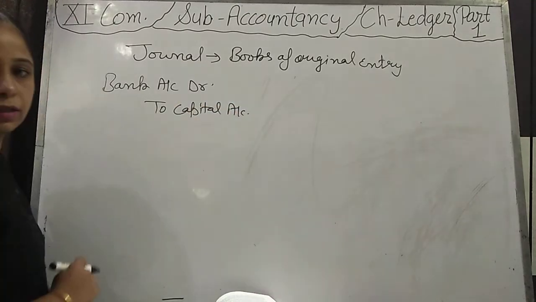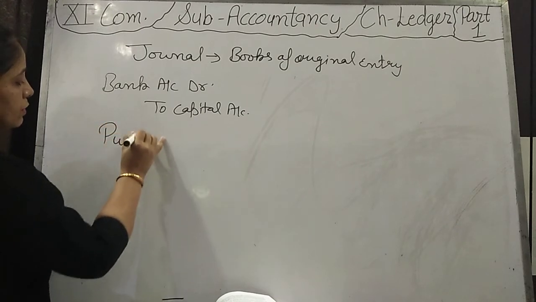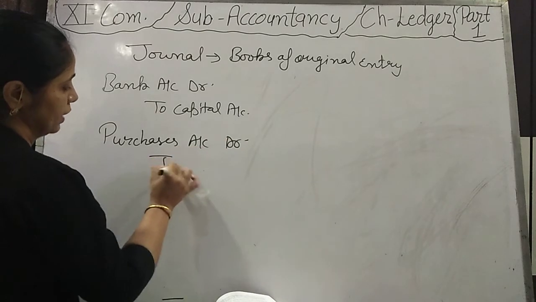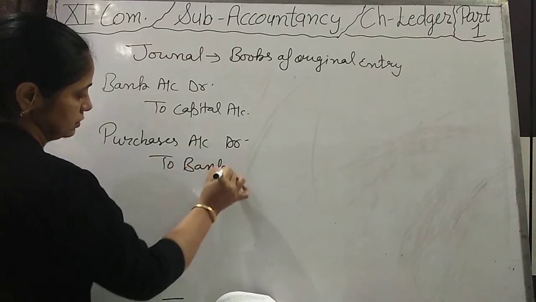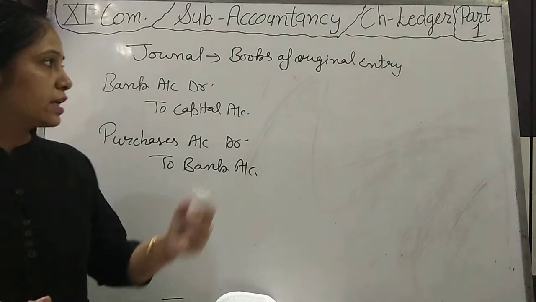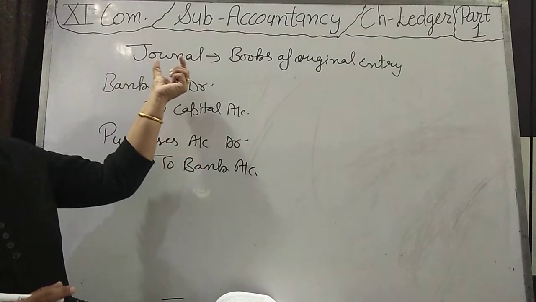Fine. Now after that, if we are purchasing the goods, then we will pass the entry purchases account debit to bank. So in journal we will record the transaction first time. First recording we will do in the journal book.